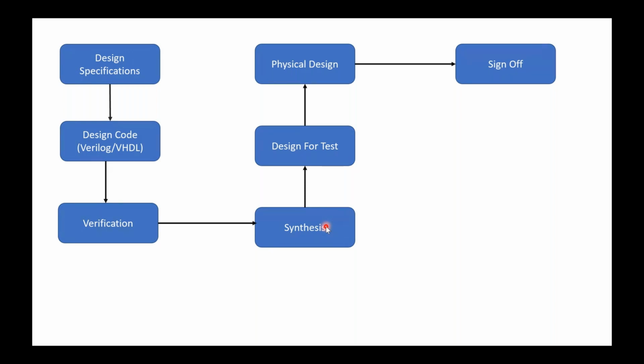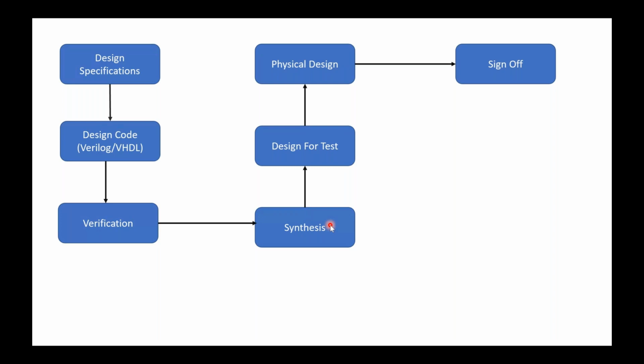Why is the logical equivalence check done? Our chip design started from the design code stage where we had the RTL code, in behavioral or data flow level modeling. Then we had the synthesis where we converted it into gate level form, that is technology node specific, like 28 nanometer technology.